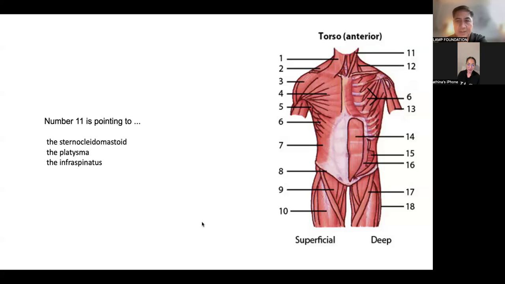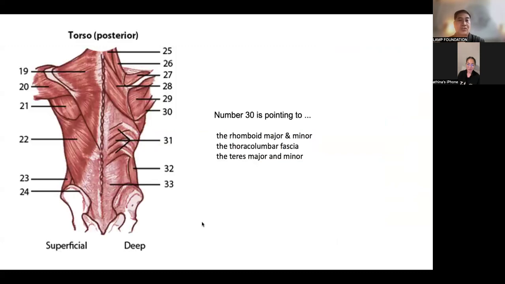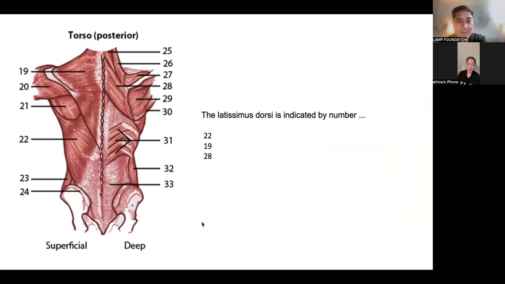Number 11, the sternocleidomastoid. Then we go to the muscles of the torso, locations posterior. Number 30, the teres major and minor. Latissimus dorsi, that's number 22.